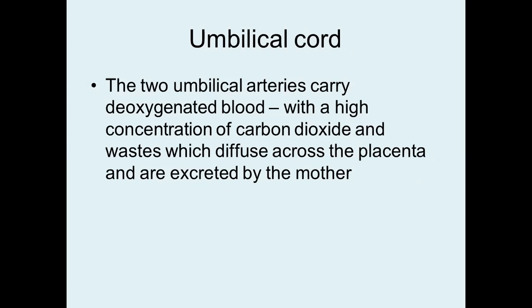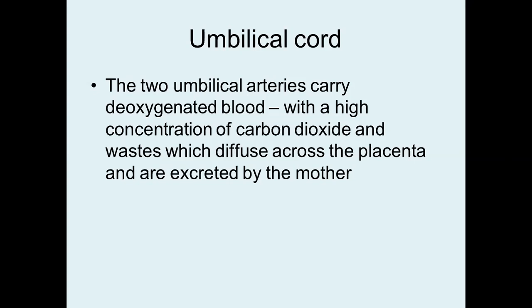The 2 umbilical arteries carry deoxygenated blood with a high concentration of carbon dioxide and waste substances, and these waste substances and carbon dioxide, which is also waste, diffuse across the placenta and then would be excreted by the mother.